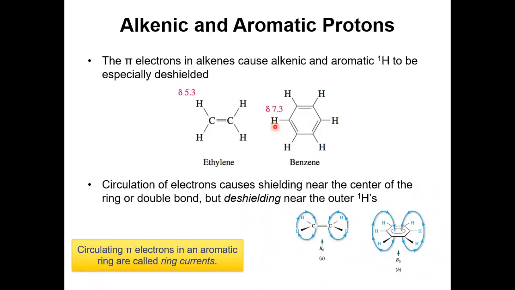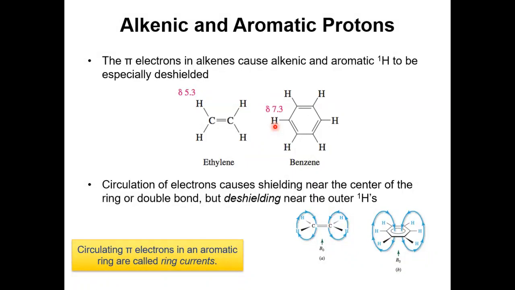So how do we explain that? We need to consider the field effect of the pi electrons. As I hope you all understand, a double bond has two components: one sigma bond plus one pi bond.